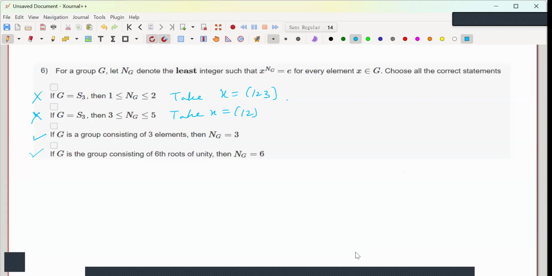For example, in S3 itself, its order is 6. So 2 and 3 both divide the order of G, and there are elements of order 2 and order 3. And that happens for any finite group G and for any prime P dividing its order.